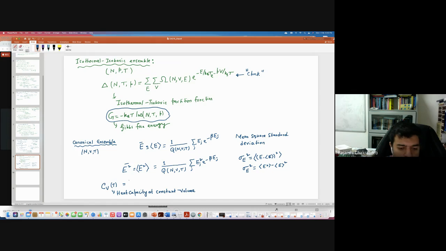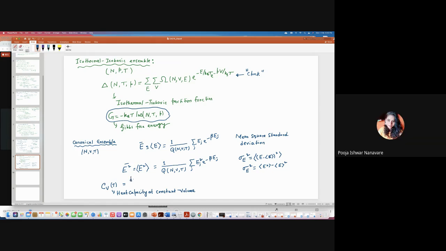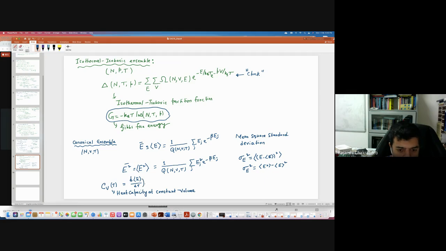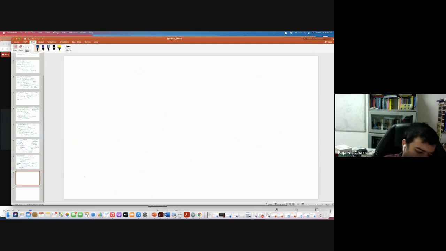This has to be equal to del U by del T at constant volume. That is the definition, no? Now I want to see whether I can relate the heat capacity to the mean square standard deviation. So let us see what the heat capacity is.